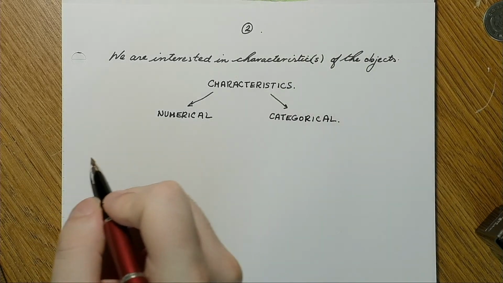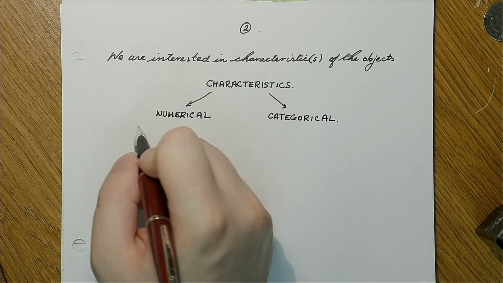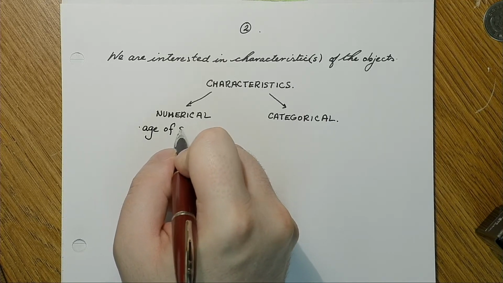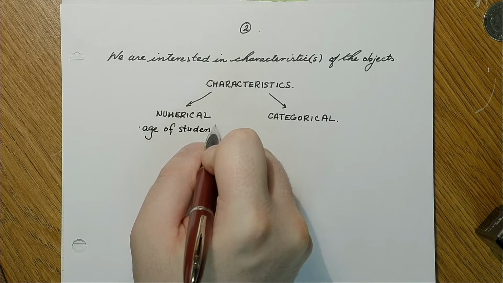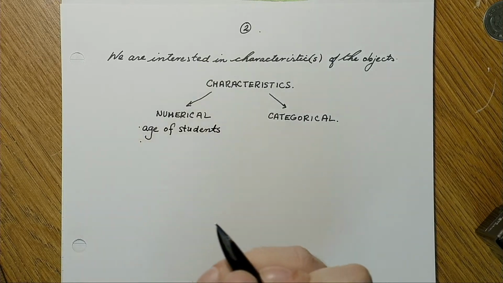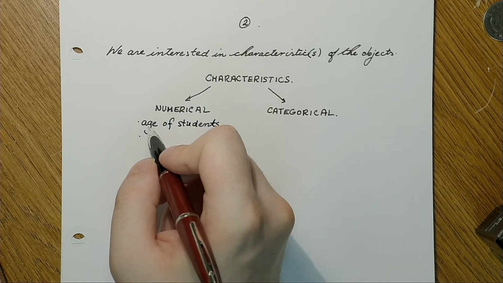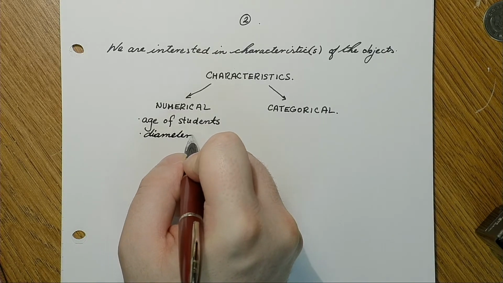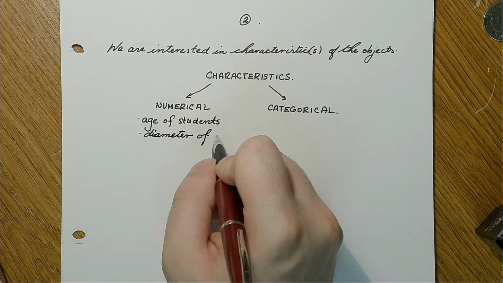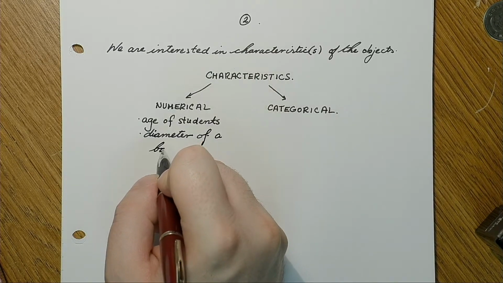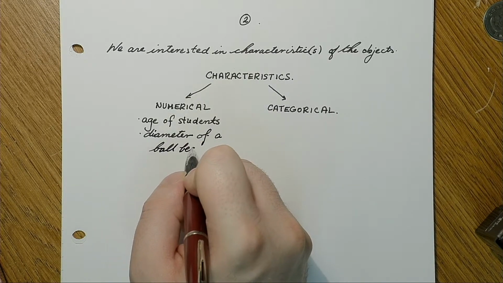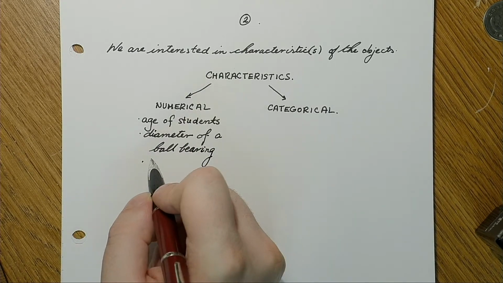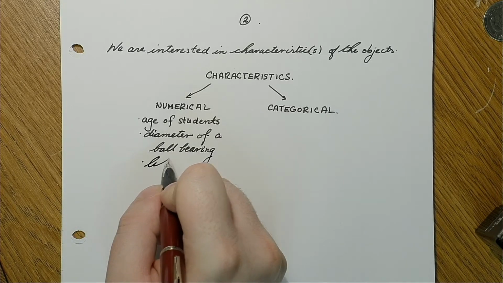Under numerical, I could be interested, say, in the age of students. I could be interested in, let's say, the diameter of a ball bearing. And I could also be interested in the lifetime of a battery.